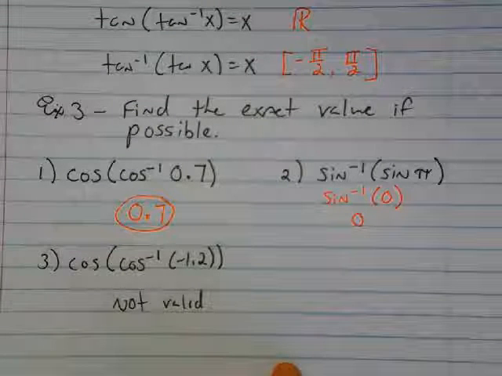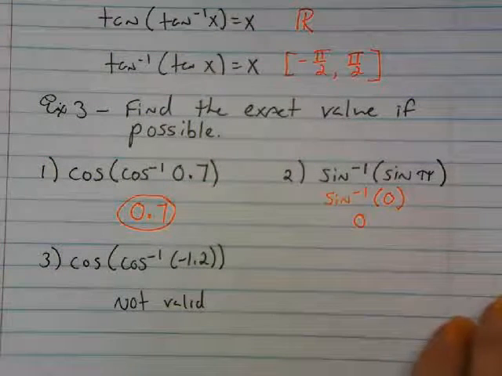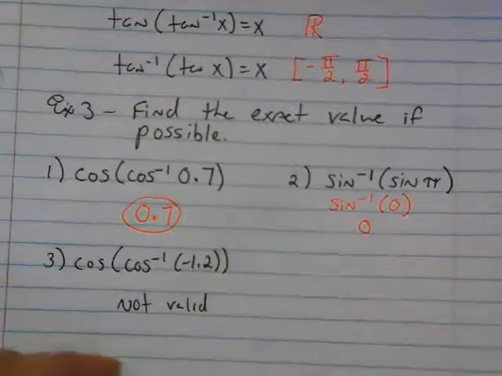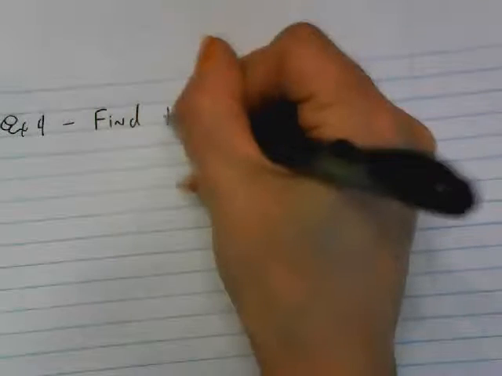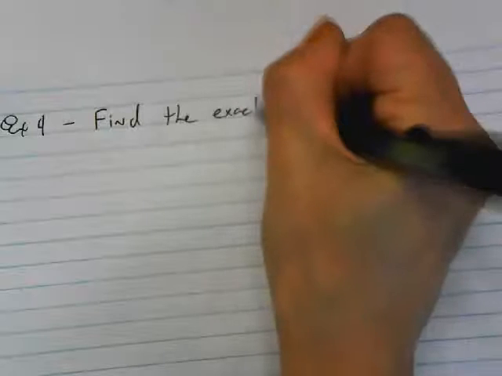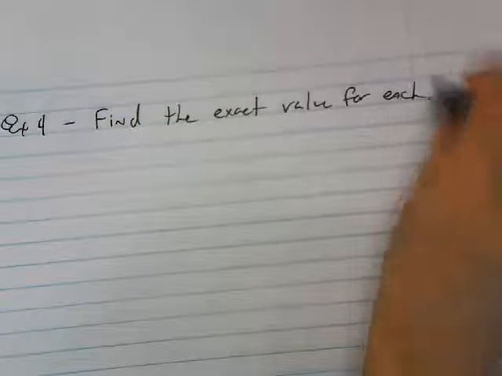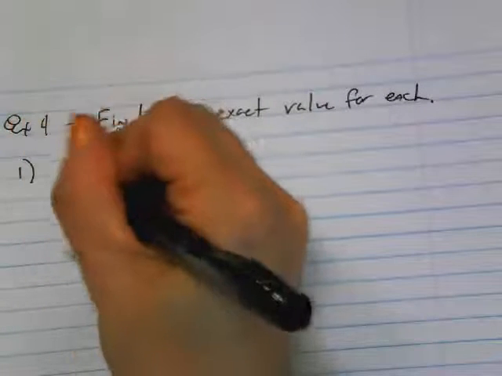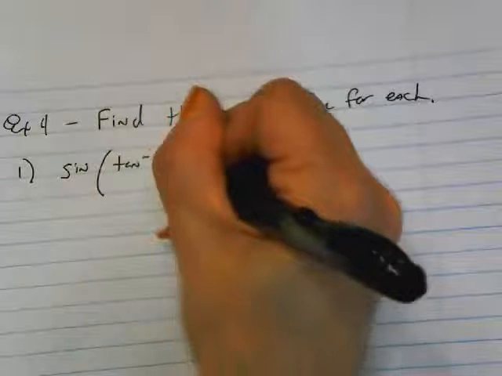Alright, so the last thing I'm going to want to do with you real quick is at least talk about how to find the exact value. And we'll probably have to pick up with this tomorrow. Alright, example 4. Find the exact value for each. Let's say I want to take the sine of the inverse tangent of 3/4.